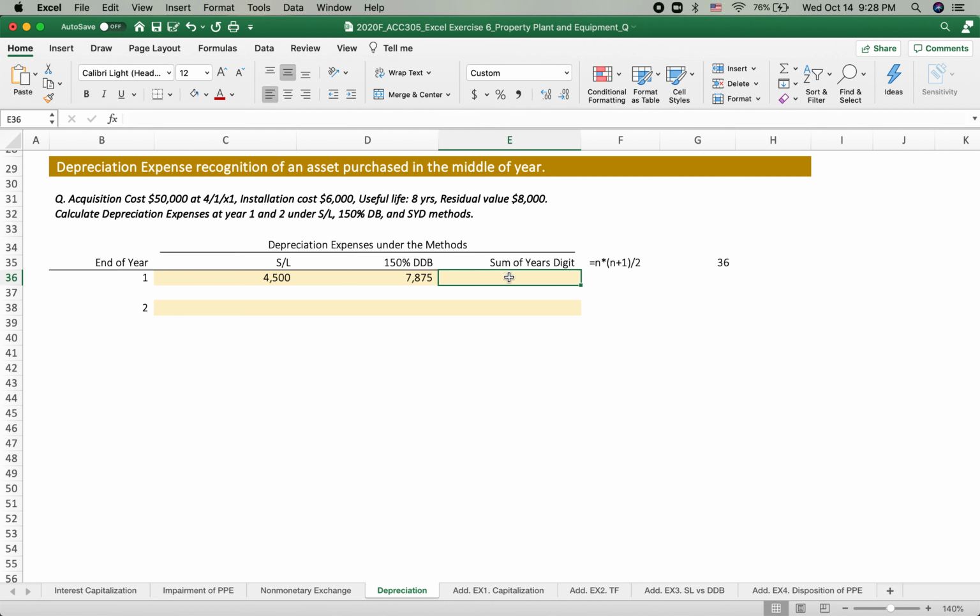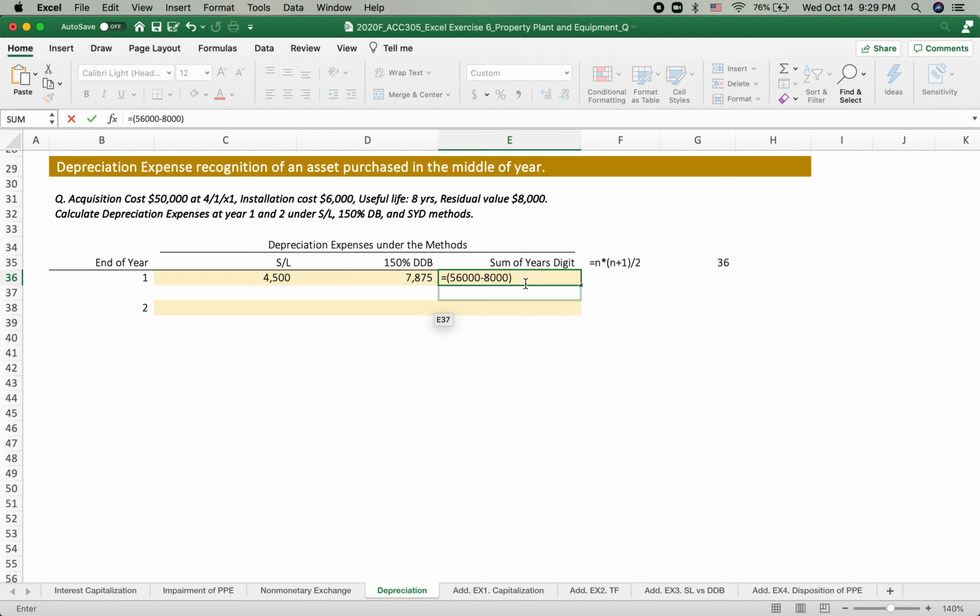Now let's put this $56,000 subtracted by the residual value $8,000. It's also a kind of accelerated depreciation method, but not as much as the double declining or 150% declining, because it considers this $8,000 residual value.